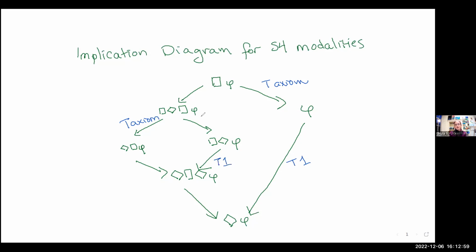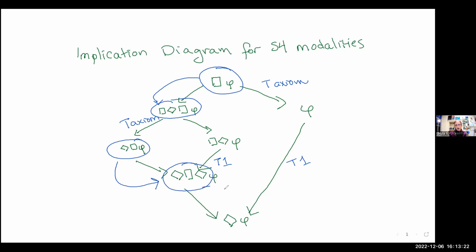So this means we're left with three unlabeled implications, one going from necessarily phi to necessarily possibly necessarily phi, and from possibly necessarily phi to possibly necessarily possibly phi, and from that one down to the bottom. So these three implications are not immediate in the way that the other ones are, just by appealing to one of the axioms, but these are implications that can be derived in S4.